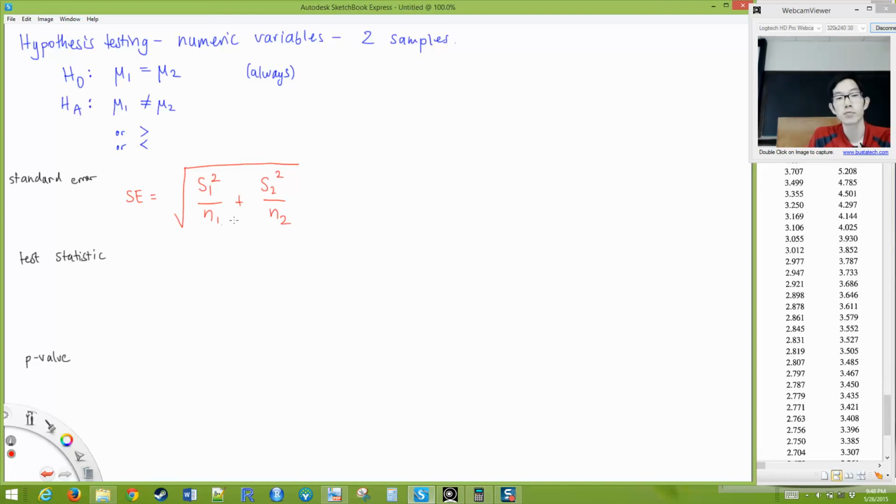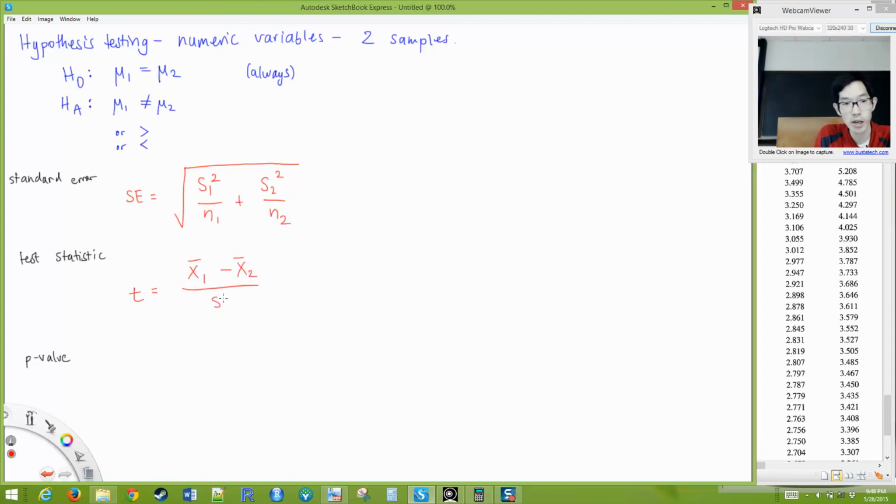Just a slightly ugly formula for standard error. Nothing we can really do about it. Okay. Test statistic, T, x bar 1 minus x bar 2 divided by the standard error.